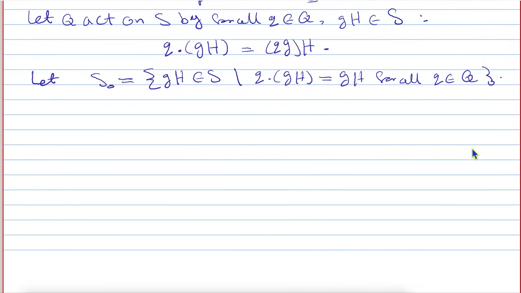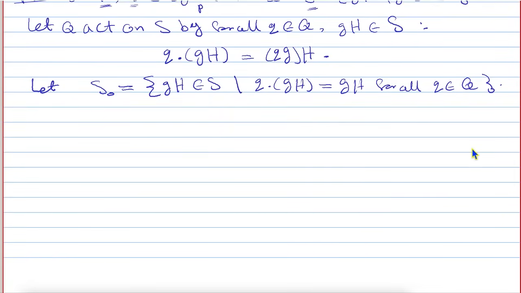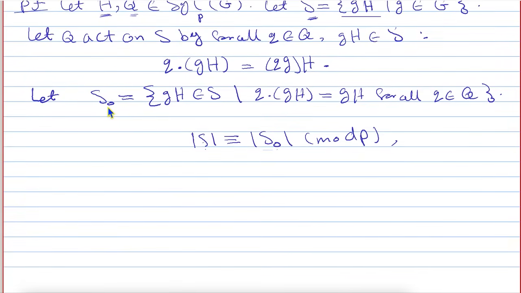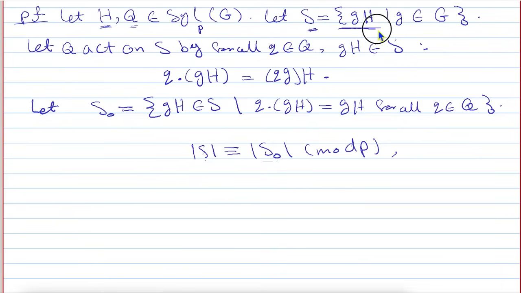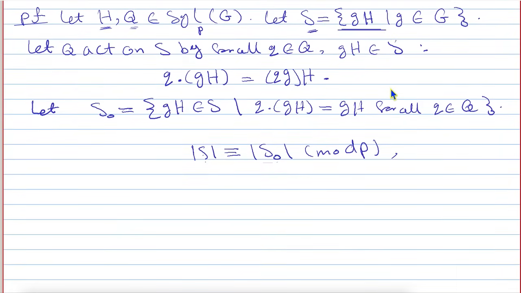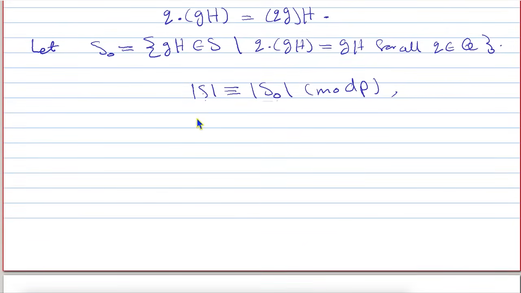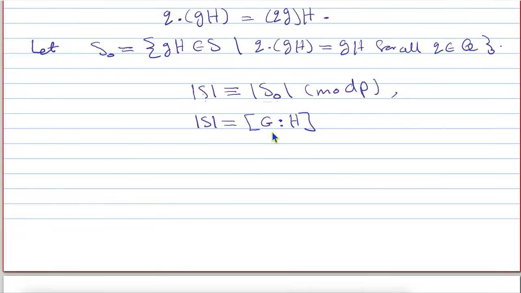Now remember from the lemma, we have the size of S congruent to the size of S naught mod p. This is where the lemma comes to play its role. Okay. Now, since S is defined to be the set of left cosets of H in G, we also have the size of S equal the index of H in G. This is Lagrange's theorem.